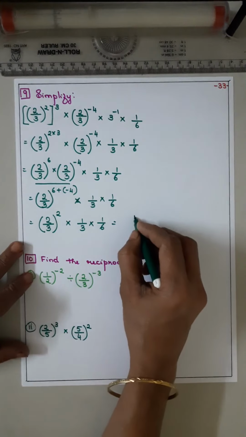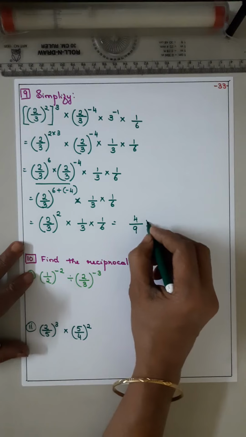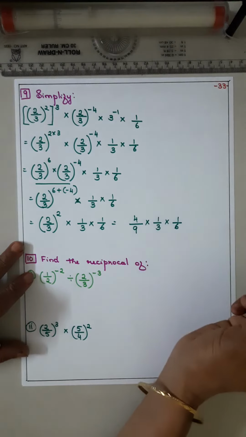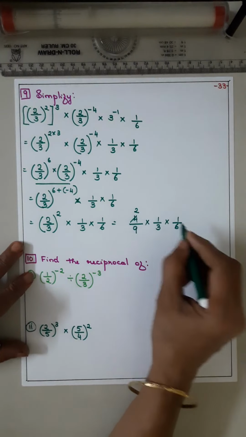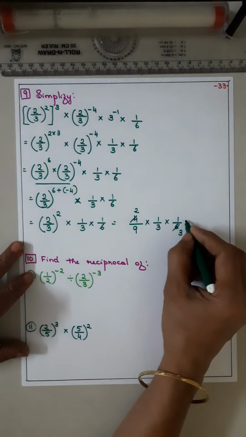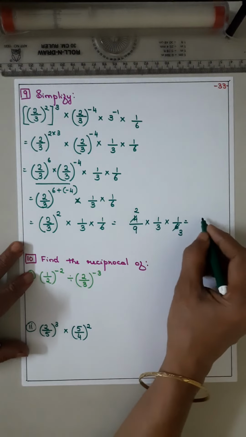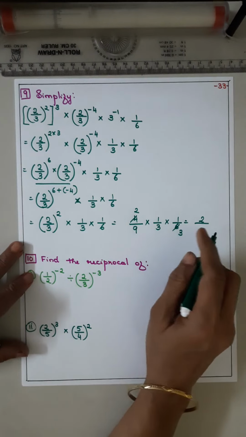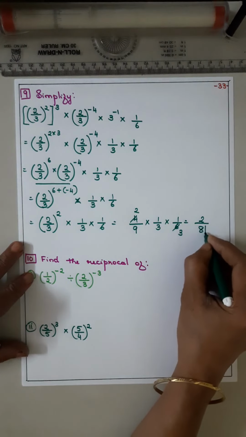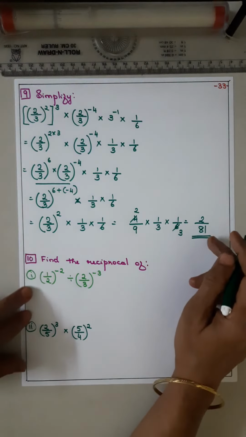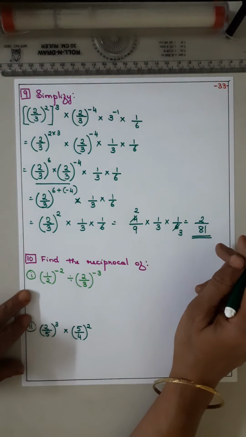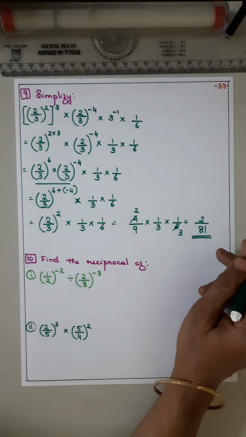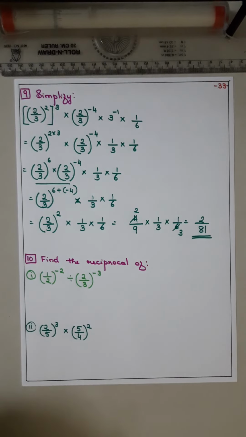So 2 2s are 4, 3 3s are 9. Numerator is 2 and denominator, 3 3s are 9, 9 9s are 81. So the final answer is 2 by 81. In simplify questions, you have to proceed carefully, there are a lot of steps.